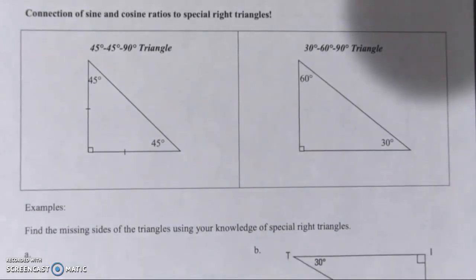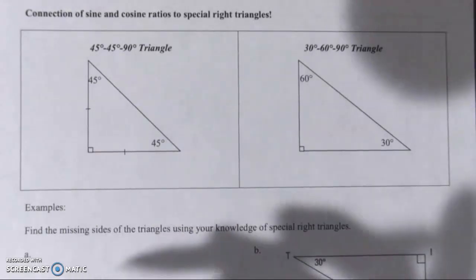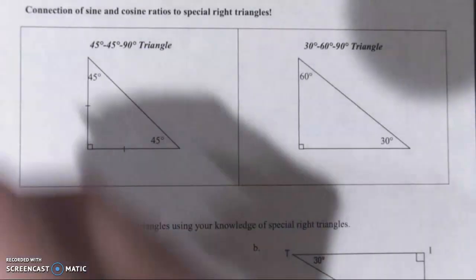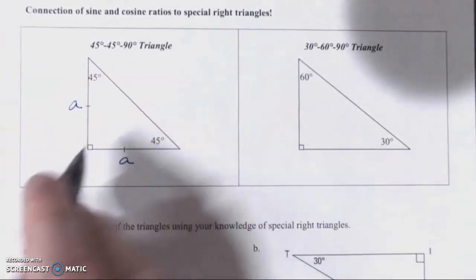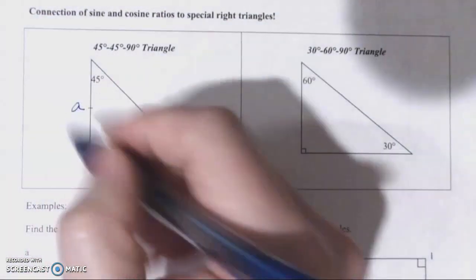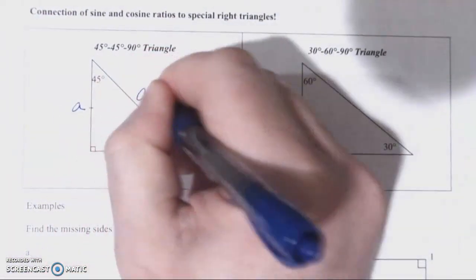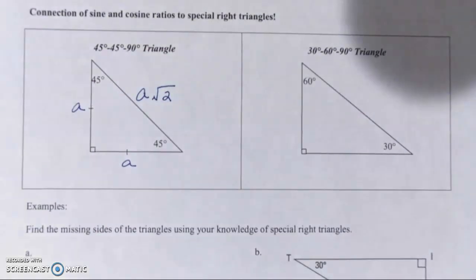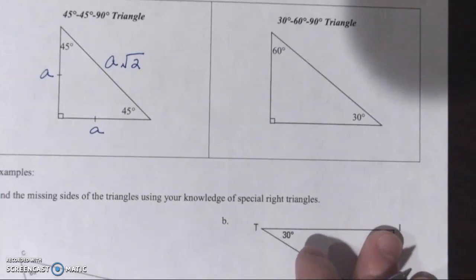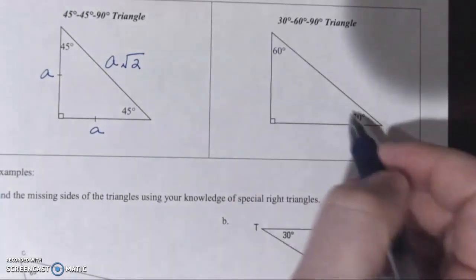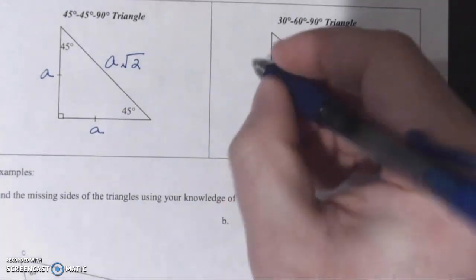So the top of this page is directly from our special right triangles notes, where we discussed that in a 45-45-90 triangle, the legs would both be the same, and if we knew one of the two legs, we could find the hypotenuse simply by multiplying by root 2. And in a 30-60-90 triangle, our base was the side across from the 30-degree angle.